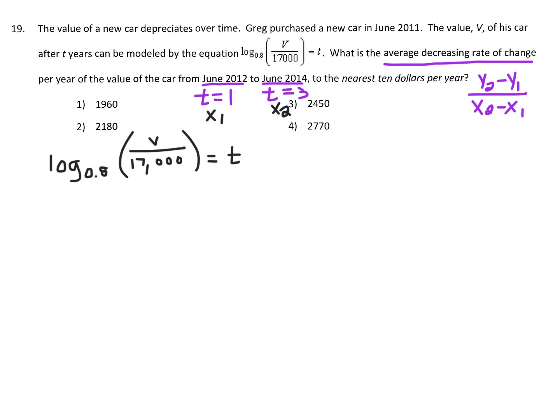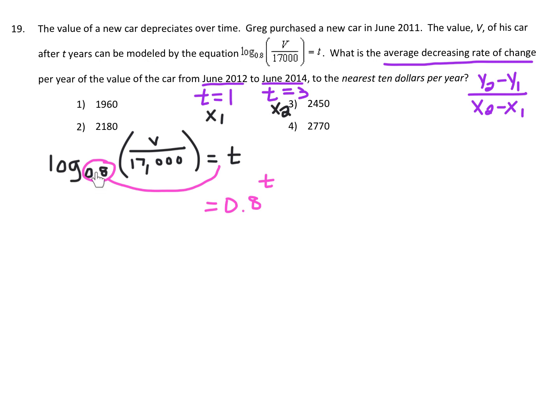Since we have an equation that has log on one side and not the other, we want to try to get that out of logarithmic form. So to do that, we use our little saying, circle the base and run the race. So this now becomes the base on the right side of the equation. So if our base is 0.8, then our exponent is now that t.